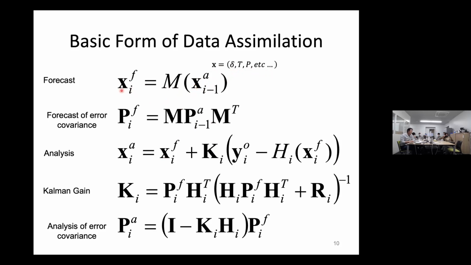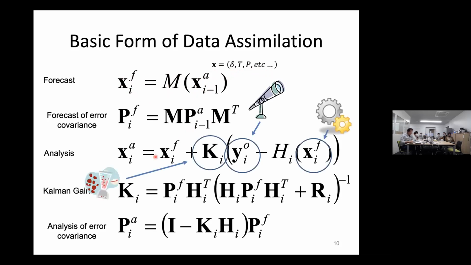And the next time step's state is going to be estimated by the model. And then the most important equation is the third one, the so-called Kalman gain. It's actually the weighted mean. So the weight is represented as K, and Y is the observation in this case. And so K is like a mixer.